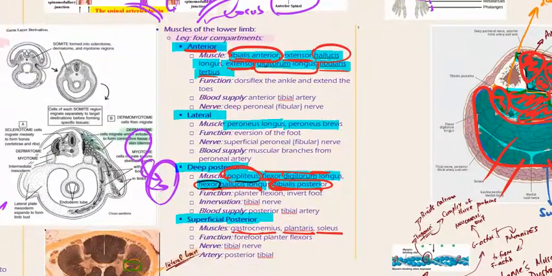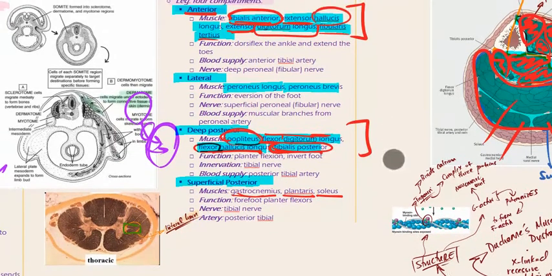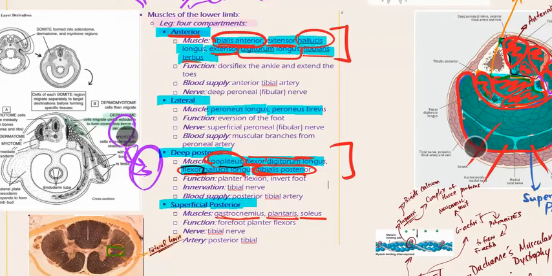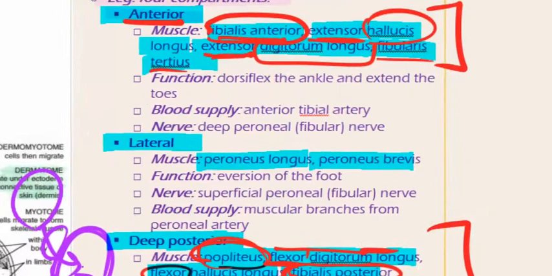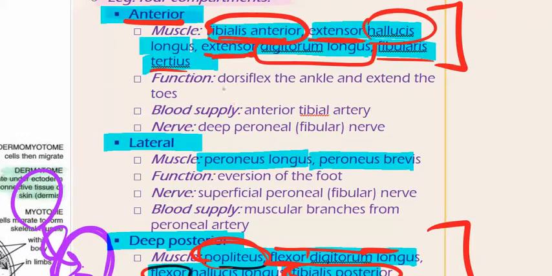If you organize them by compartments, it becomes easier to memorize everything and what they do. The anterior compartment is doing your dorsiflexion, and then plantar flexion is the opposite, at the ankle, and it's extending the toes.